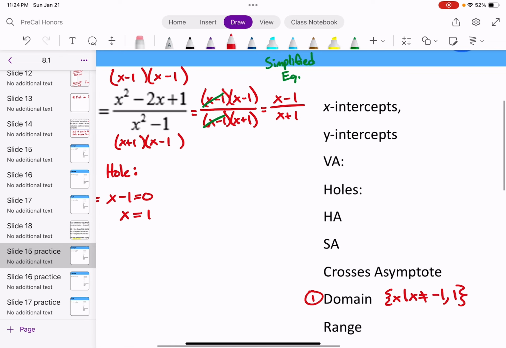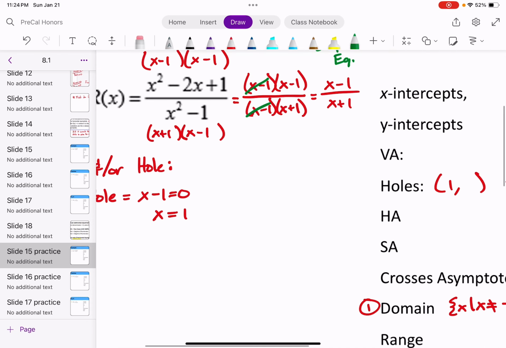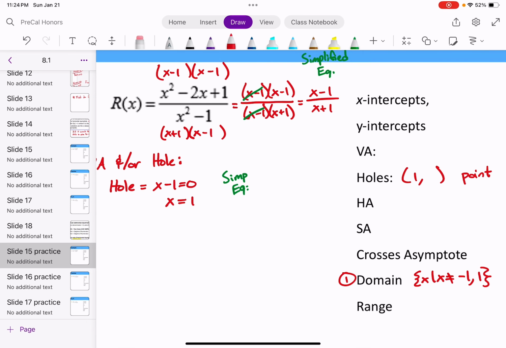So our hole is 1 comma something. Now keep in mind, this is going to be a point. Okay, so how do we figure out what the y is going to be? We are going to plug it into our simplified equation. So we're going to put in our 1 into our simplified equation.